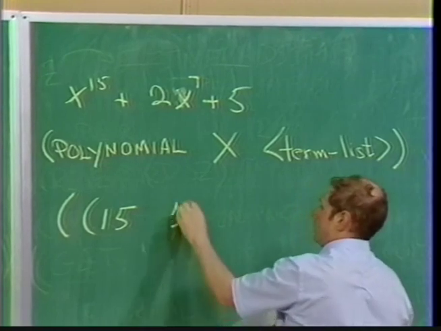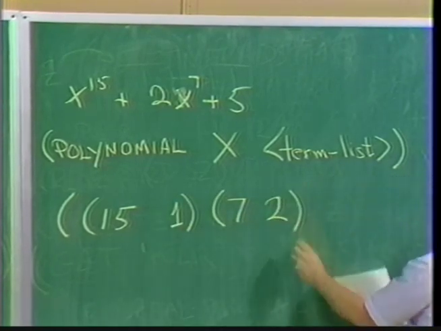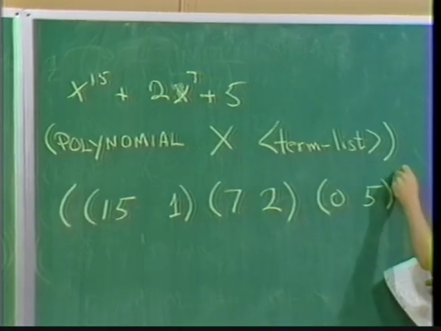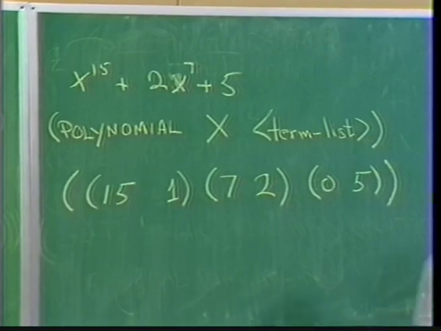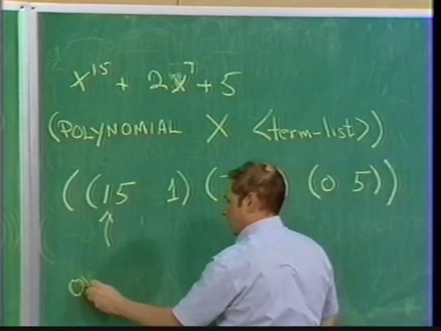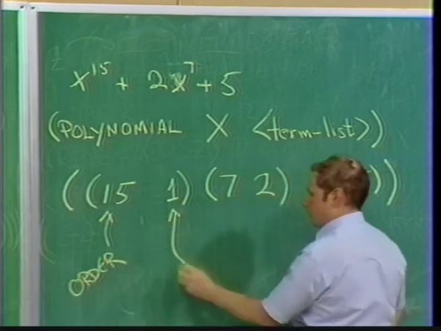So this polynomial would be represented by this term list. And what that means is that this polynomial starts off with a term of order 15 and coefficient 1.